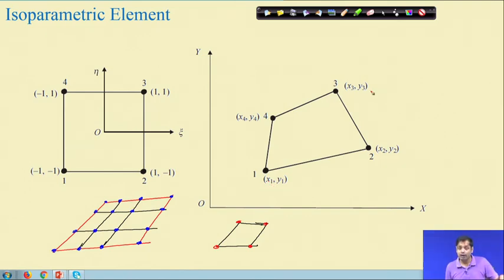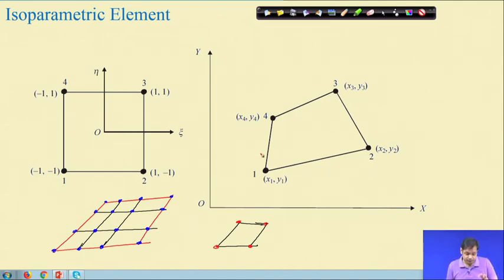If you recall, in the previous cases we wrote the shape function in terms of x1, y1, the stiffness matrix of x1, y1 and so on, but now this is not directly possible because the shape of the element is not a perfect rectangle.